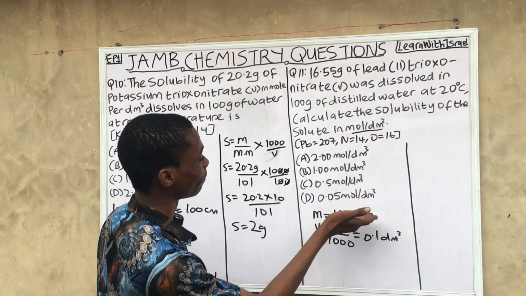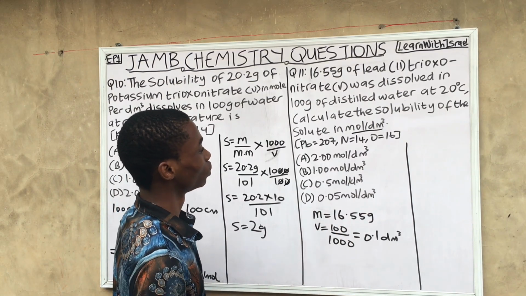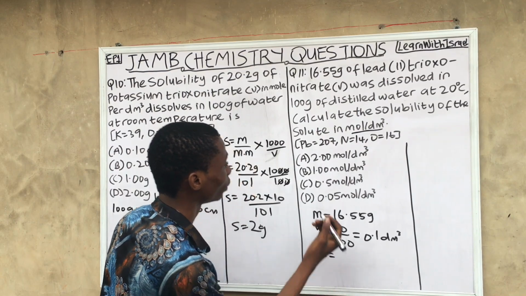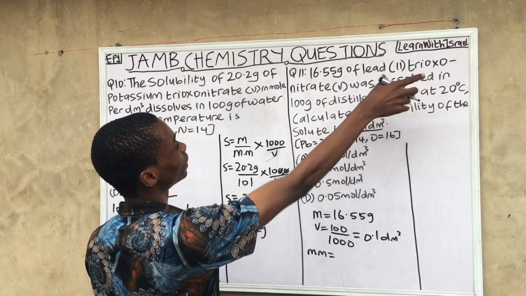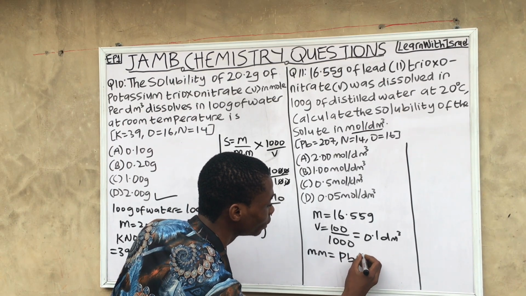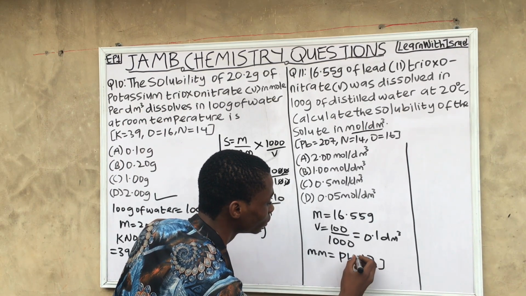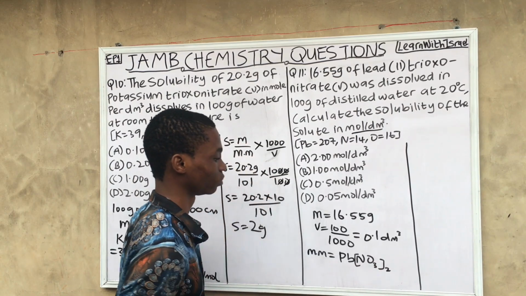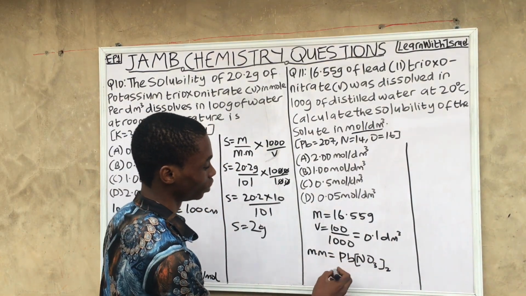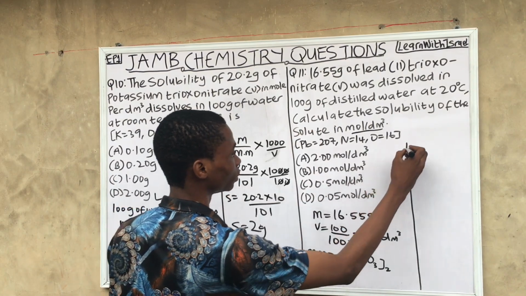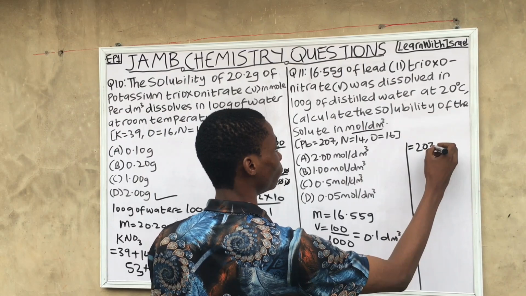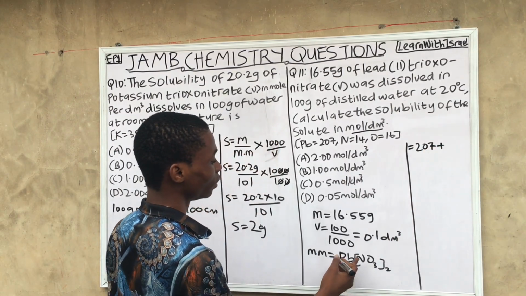So we now have our mass and we now have our volume. So let's calculate our molar mass. Lead(II) nitrate is written as Pb(NO3)2. So we have to calculate the molar mass of Pb(NO3)2. Our Pb is 207, plus our nitrogen 14.